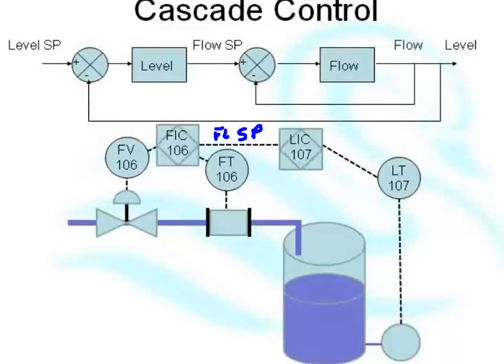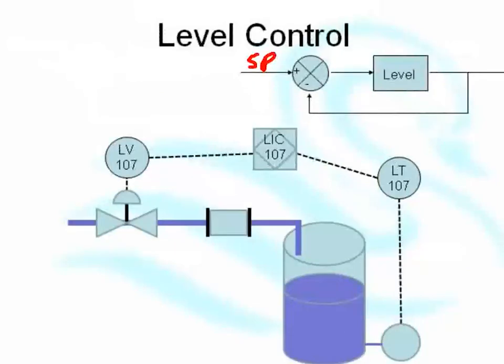The reason we do this is because the flow loop is very fast. The level loop is very slow. If something changes in the circumstances, for instance, let's just go back to the pure level loop.